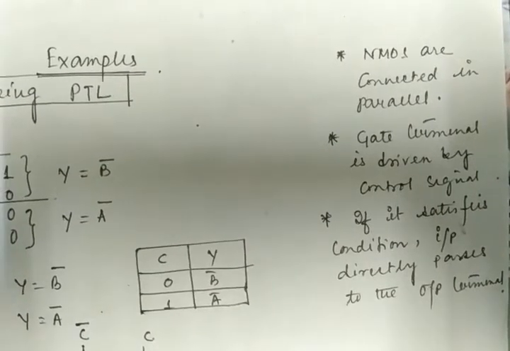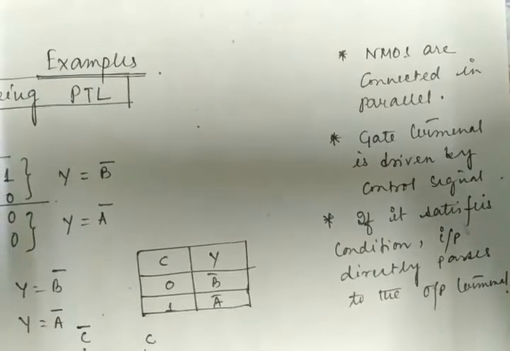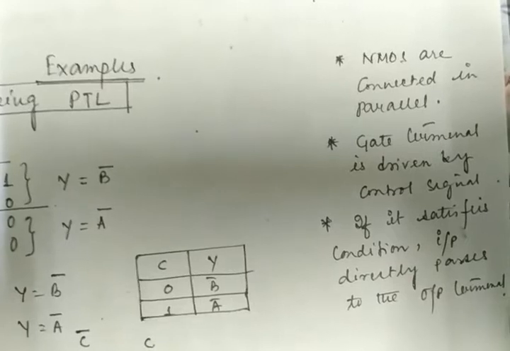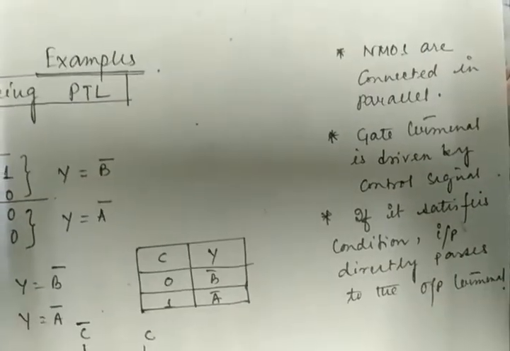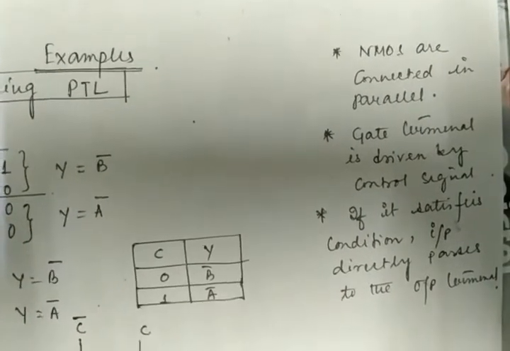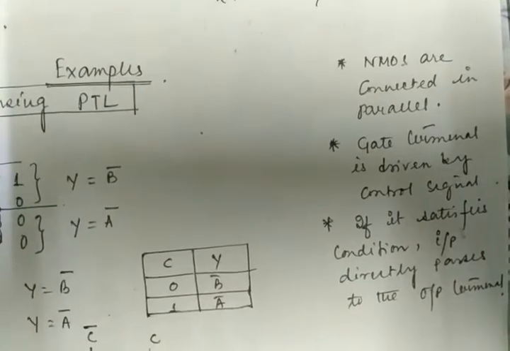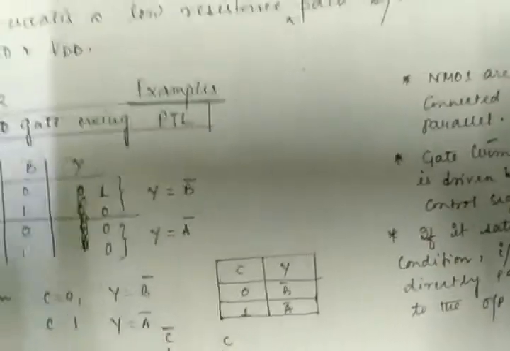Again, I am repeating that only NMOS will be used, but they will be connected in parallel. The gate must be driven by the control signal, and source and drain accordingly for input and output. So the main focusing point is how the gate terminal will be driven by the control signal, which will be derived from the truth table. Clear? Okay, so let's come to an example.